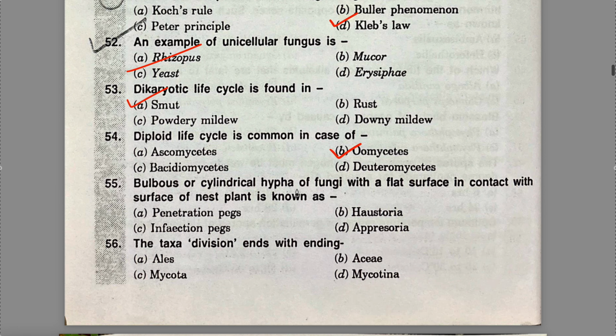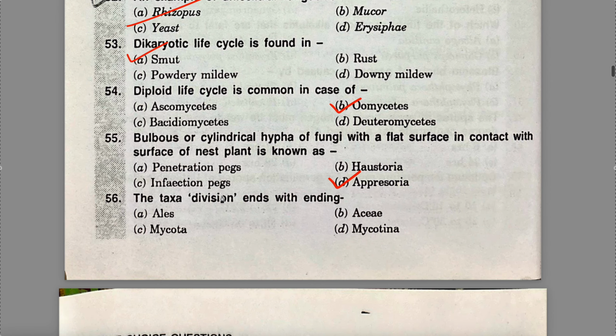Bulbous or cylindrical hypha of fungi with a flat surface in contact with the surface of the host plant is known as penetration peg, haustoria, infection peg or appressoria. It's appressoria.